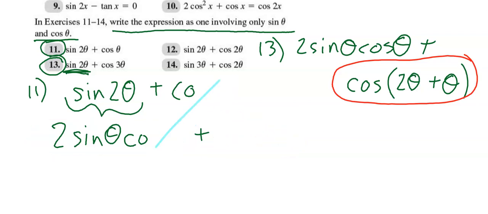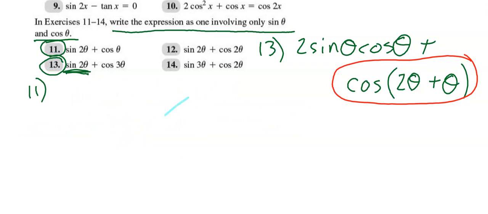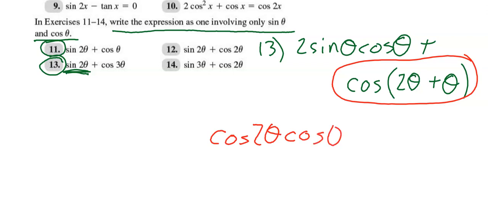Let's get rid of this so we have some more space. I think we need to go find that cosine sum formula that we learned about in section 5.3. Cosine 2 theta, cosine theta, right? Cosine, cosine. Now what? Minus, right?